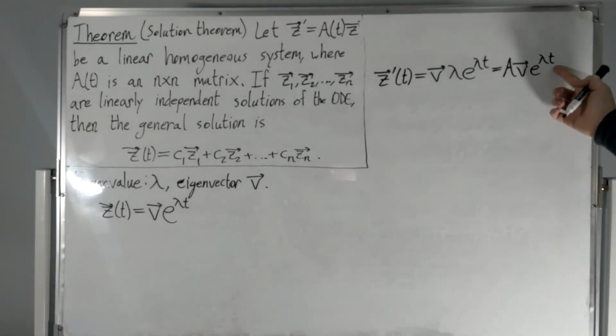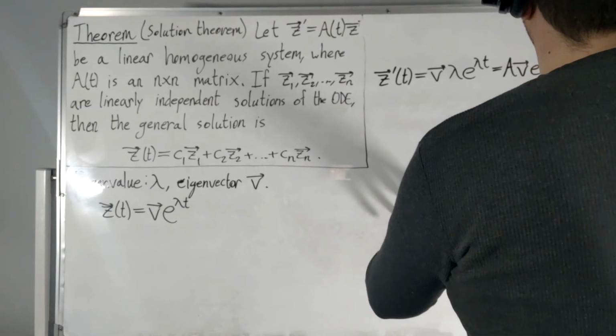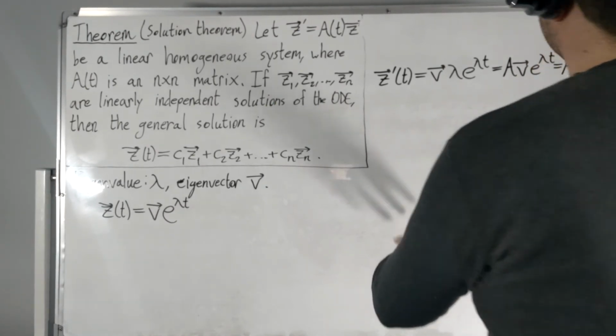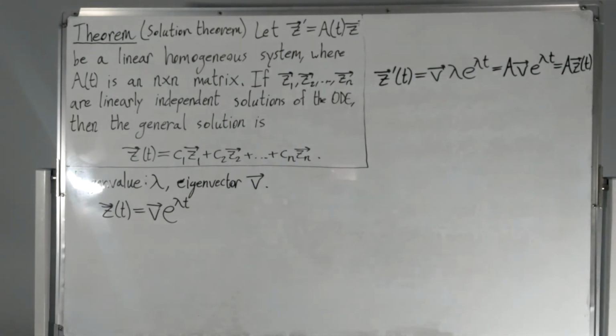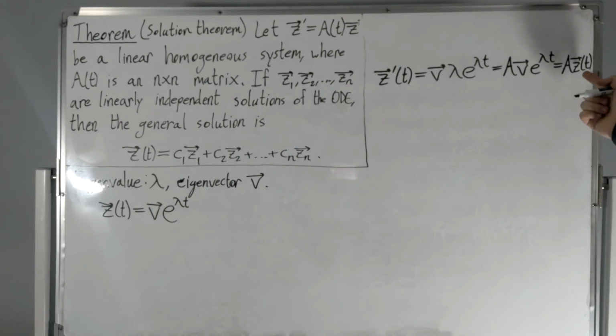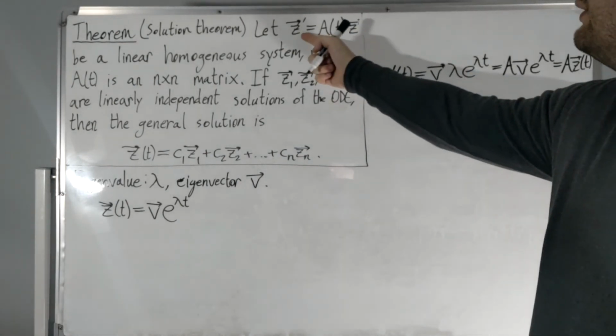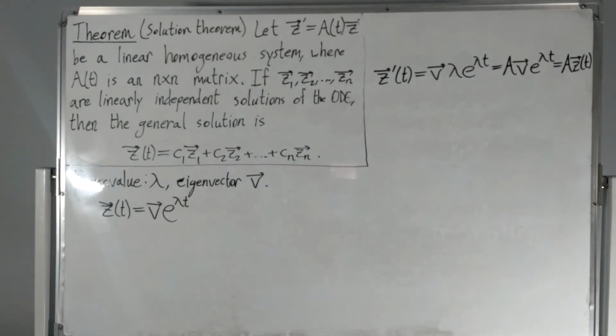But then this thing right here is z. So this just becomes A z vector of t, which means that z vector of t is actually a solution of this ODE, z vector prime equals A z vector. Okay?